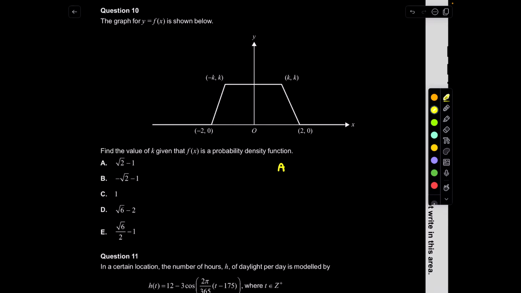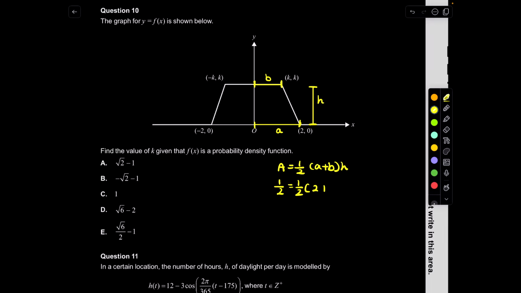We know the area of a trapezium is this formula, half a plus b times height. Well, in this case, our a is going to be from here to here. Our b is from here to here. And our height is the height of that trapezium, which is this over here. Remember, we know the area of this whole thing here is a half. So it's going to be half equals half times a, and our a is 2.